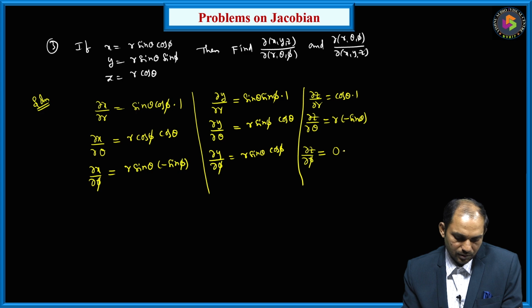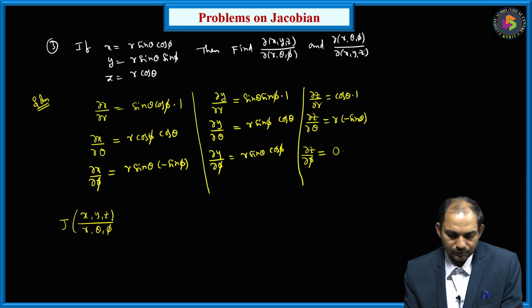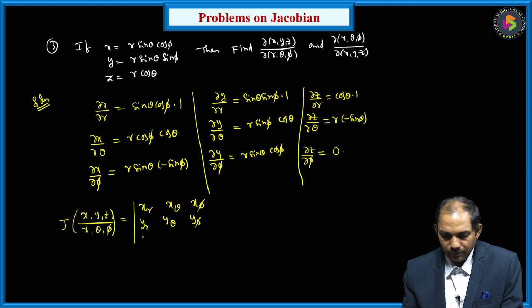Now, all these we have to substitute into the definition of the Jacobian. The Jacobian of x, y, z by r, theta, phi gives us the determinant with entries x r, x theta, x phi, y r, y theta, y phi, z r, z theta, z phi.